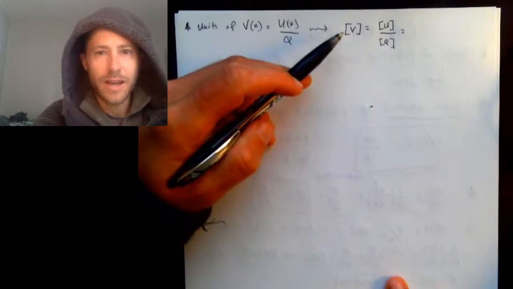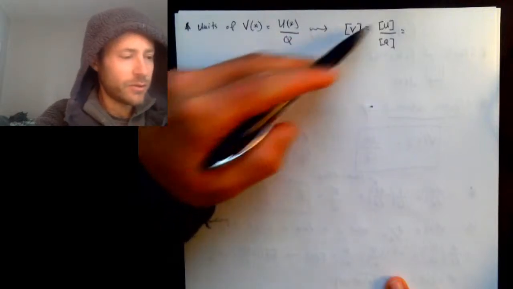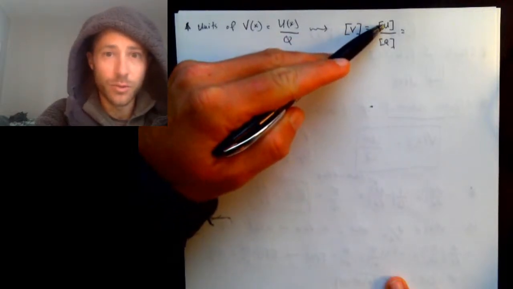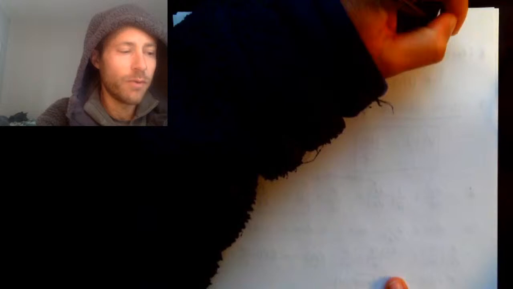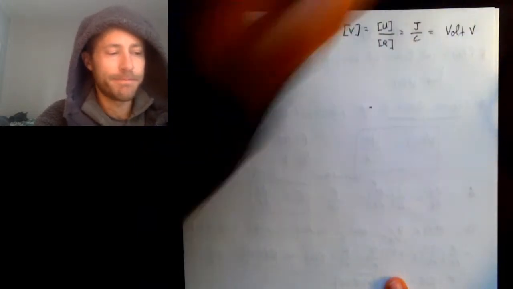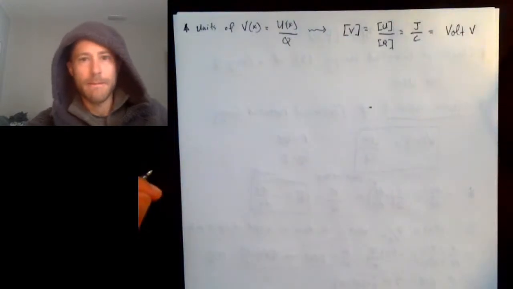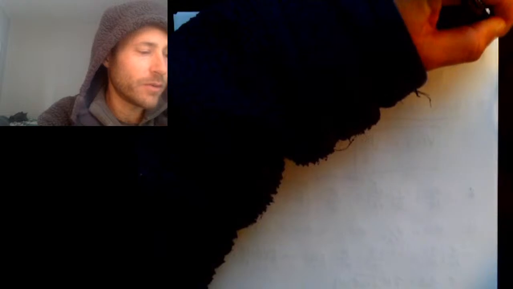So the units of potential energy are joules, the units of charge are coulombs. So electric potential is measured in joules per coulomb, but that has a special name. It is called the volt, which is abbreviated V.